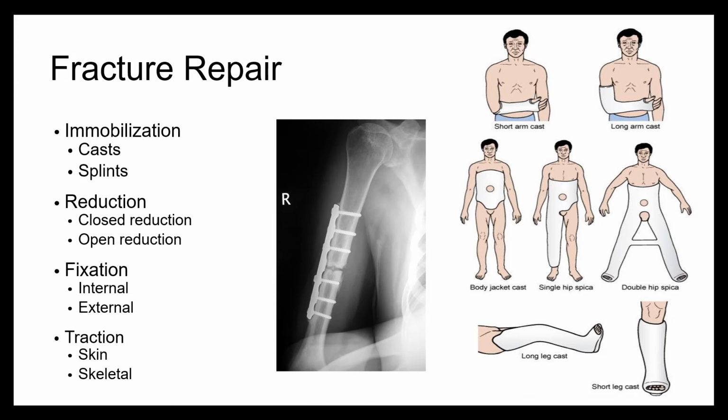With external fixation, the devices are secured into the bone, but they are brought through the skin and they actually are sticking out. So with external fixation, you can see the devices that were used to maintain the alignment of the bone. External fixation has to be used in conjunction with skeletal traction. We're going to talk about the different types of traction here on the next slide.